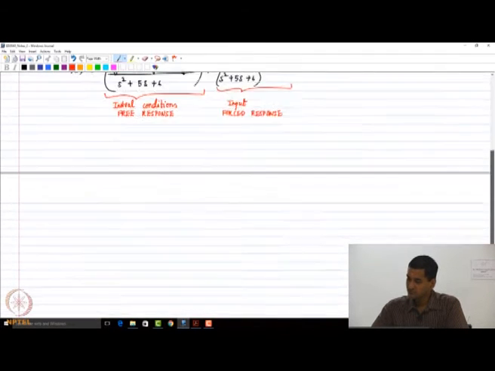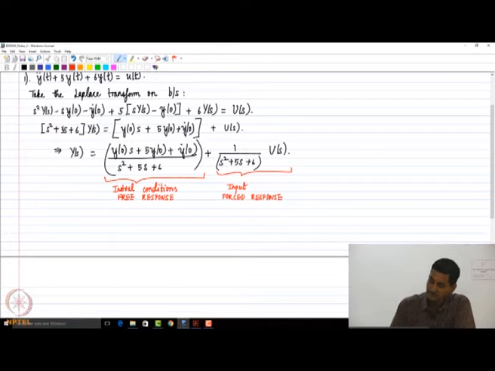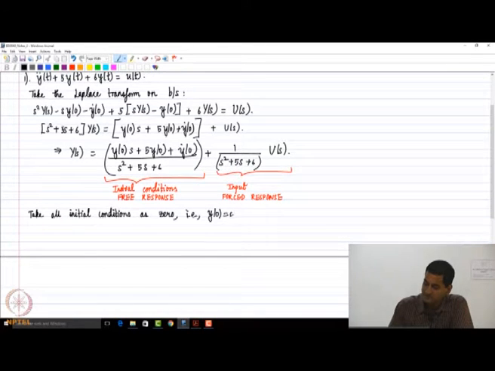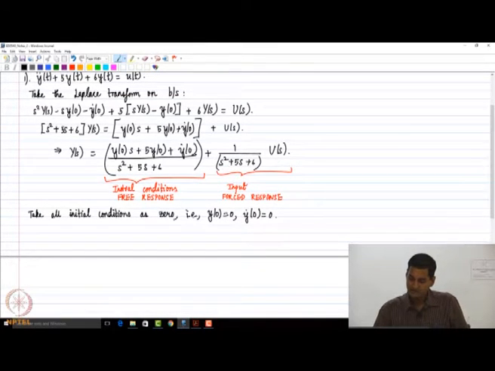Now when we want to get the transfer function, let us consider all the initial conditions as 0. That is, in this particular problem, we take y0 equals 0 and y dot 0 equals 0.